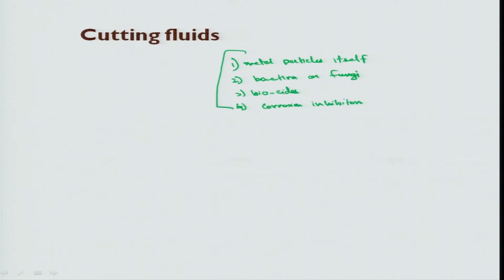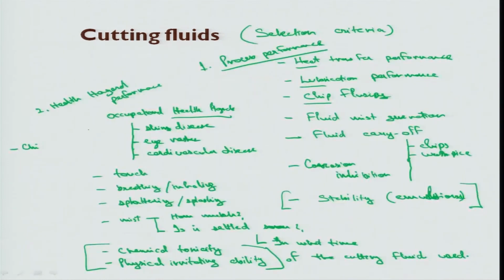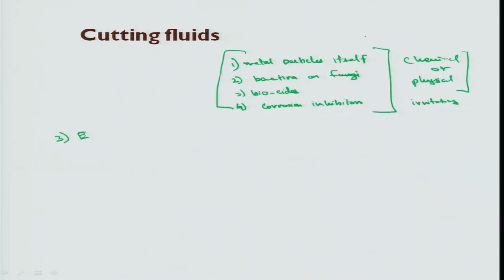So these are the things that make it chemically or physically irritating to the human being. Along with this, the next criteria for selection of cutting fluid is environmental criteria.